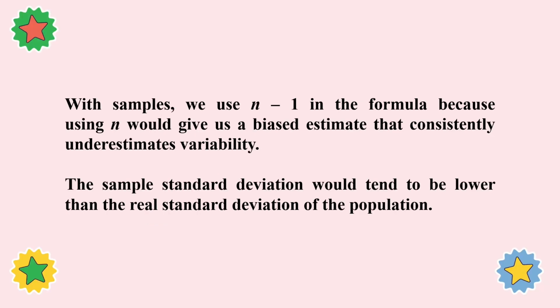With samples, we use n minus 1 in the formula because using n would give us a biased estimate that consistently underestimates variability. The sample standard deviation would tend to be lower than the real standard deviation of the population.